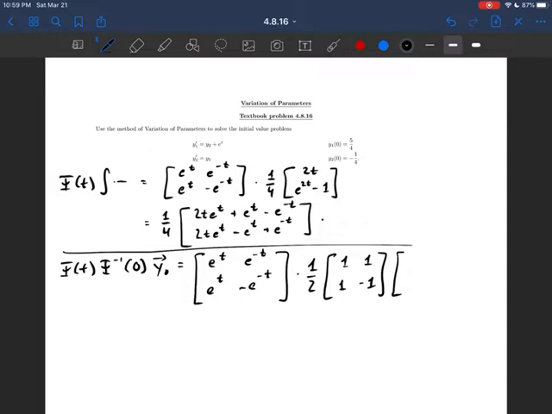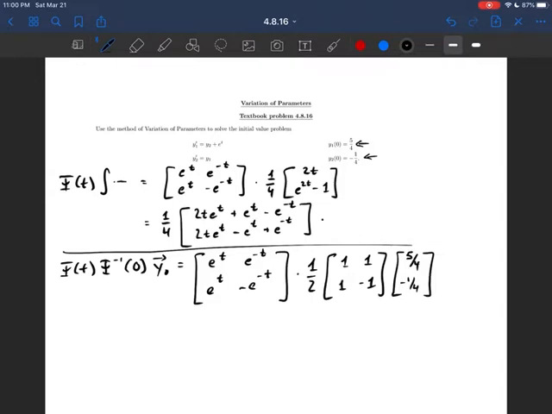And then finally, we're multiplying by the initial conditions, which are 5/4 and negative 1/4. So those go in here and here. So we just have to multiply this out, and we'll have the second component of the variation of parameters formula.